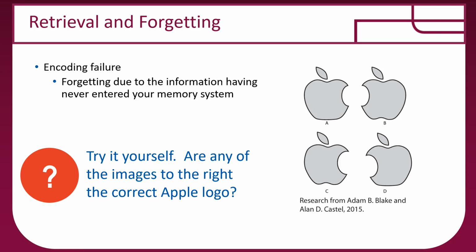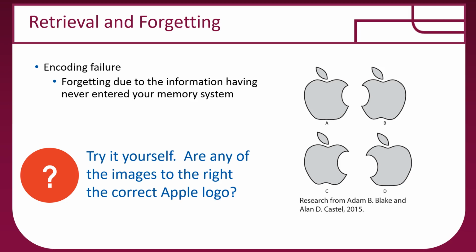Also, you will forget information if you've never encoded it in the first place. So sometimes we think we know things, but we never really spent the time to encode, and so of course we can never remember or retrieve that information. For example, you could look at these logos, and are any of these the right Apple logo?